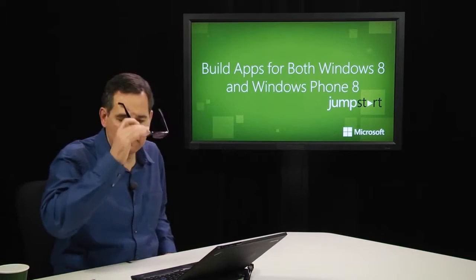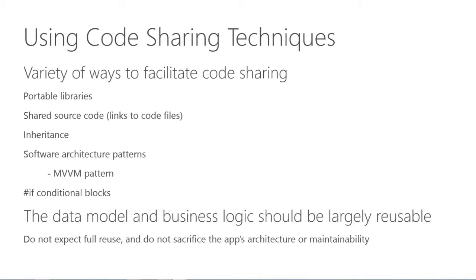So if you are using Windows.storage, as I mentioned, then that is portable between the two platforms, and as a result, there are certain things that you can take advantage of.